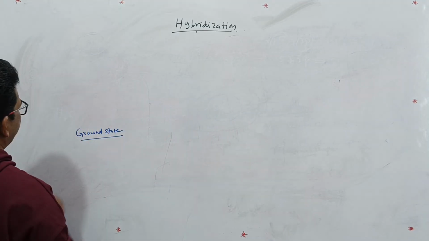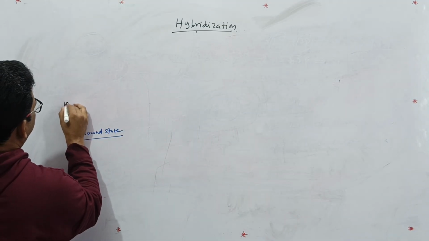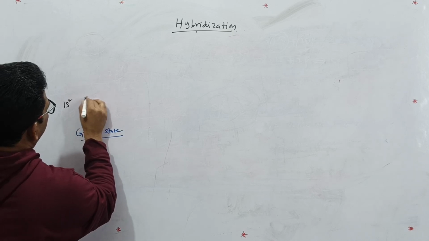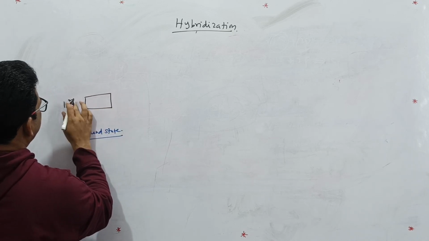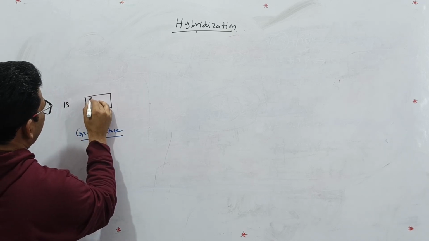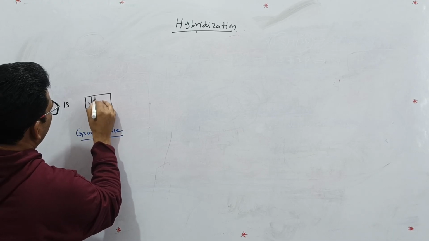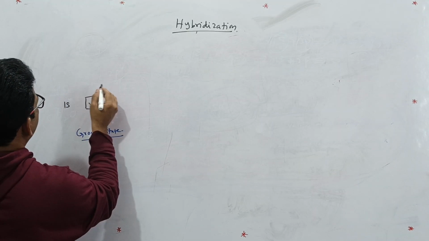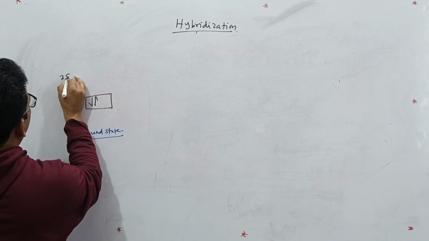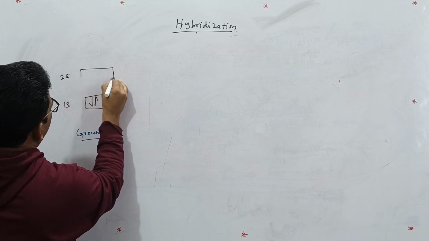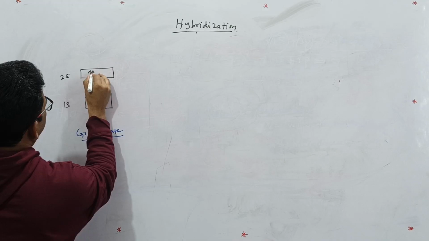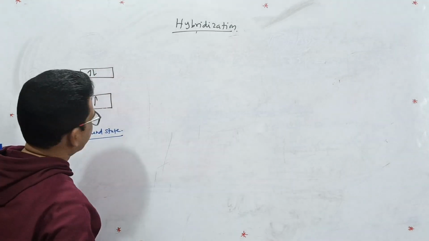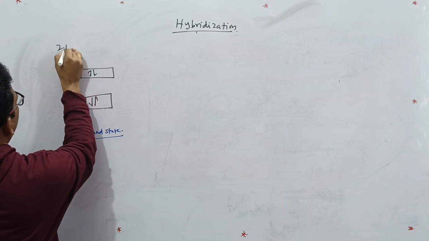Now see 1s2, that is 1s. In 1s, how many electrons? 2 electrons, opposite spin. Now see 2s. In 2s also, how many electrons? 2 electrons. Then see 2p.